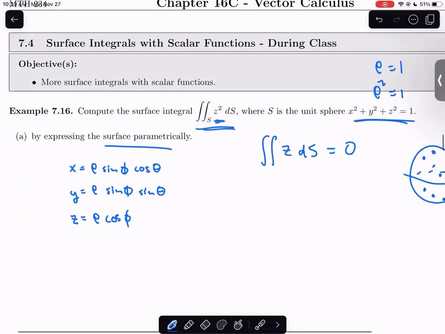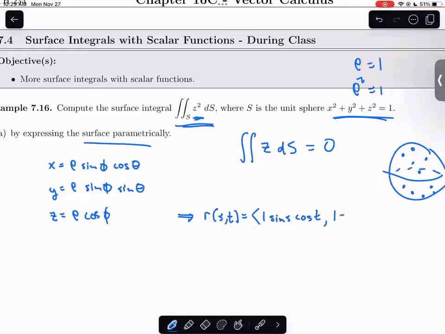And so therefore, if I wanted to express my sphere parametrically, maybe with s's and t's, I'm going to use 1 sine s cosine t. So notice I've swapped in a 1 everywhere I see my rho, because we're on the surface of the sphere. And you can see that I've replaced my phi with s and my theta with t.